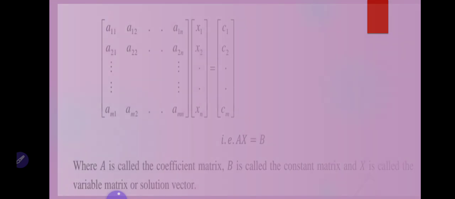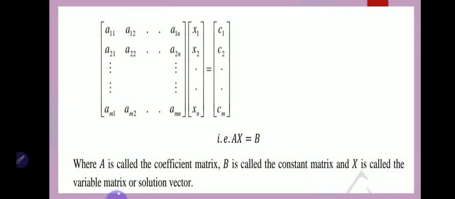The matrix form of that system is: the first row a11 a12 a1n, then a21 a22 a2n, up to am1 am2 amn, times x1 x2 up to xn, is equal to c1 c2 up to cm. That is the form AX = B, where A is this matrix, B is this matrix, and X is this x1 to xn matrix.